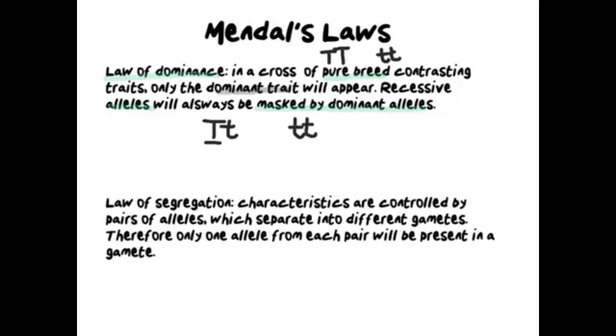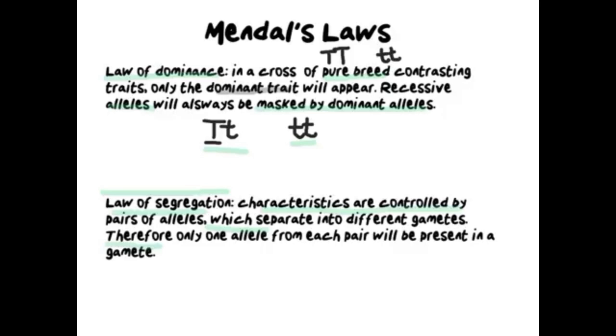That brings me now to the law of segregation. The law of segregation states that characteristics are controlled by pairs of alleles, which we just saw earlier. Every time I've drawn my alleles, I've written them in pairs. During meiosis, they will separate into different gametes. Therefore, only one allele from each pair will be present in a gamete.